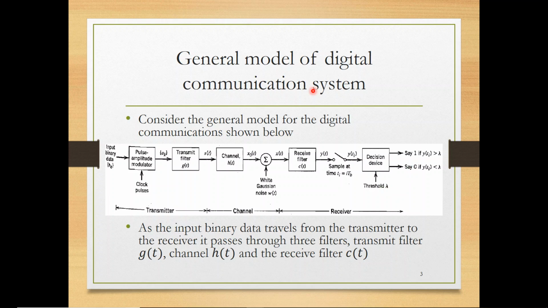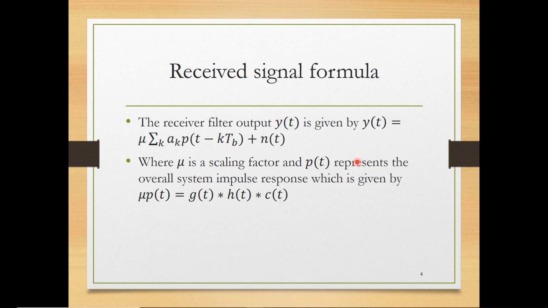So this is very well understood. We just reminded you of the basic digital communication system. So what we need to do is find the total response of the system. The total response of the system is given in terms of p(t).